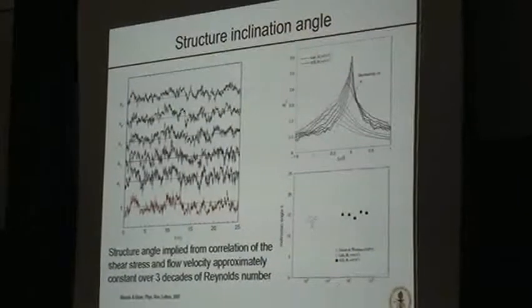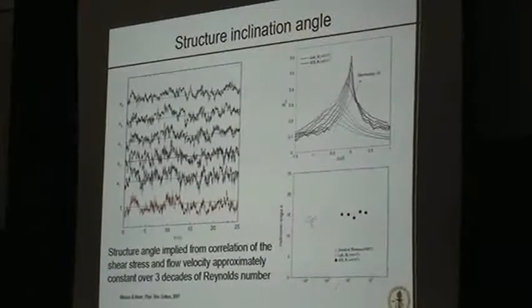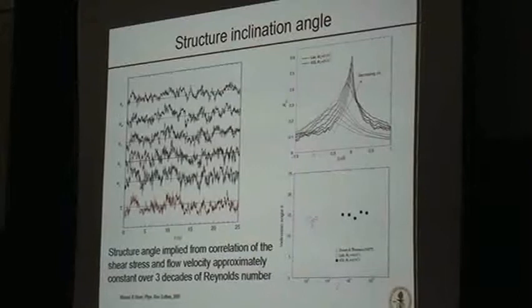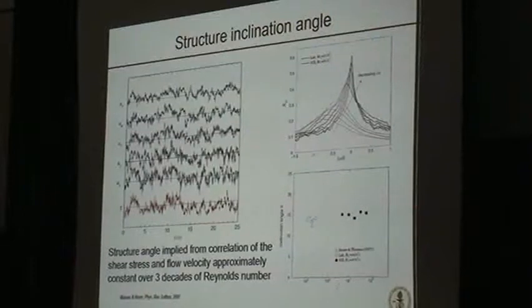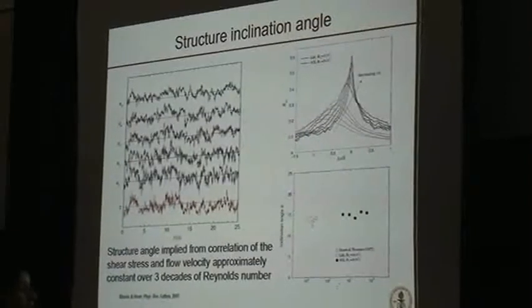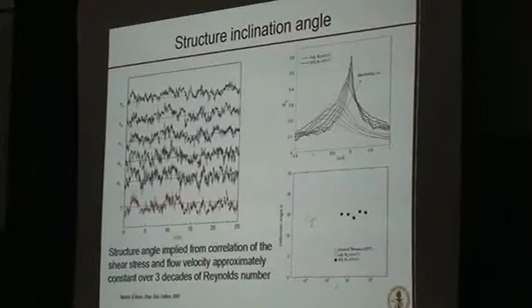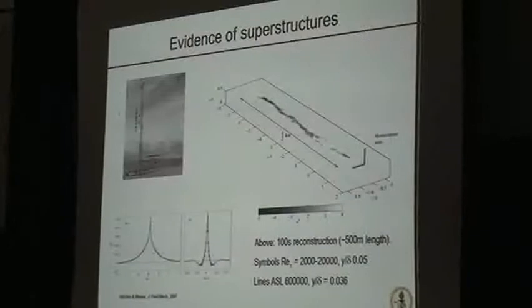And if you do that for these two wires here, and you plot that apparent inclination angle, these are the surface layer results, and these are the laboratory results. So that inclination angle is essentially Reynolds number invariant, which is very good news for turbulence models where you want to model what's going on close to the wall. So this is really a nice result. Over 3 decades of Reynolds number, that angle is about constant.